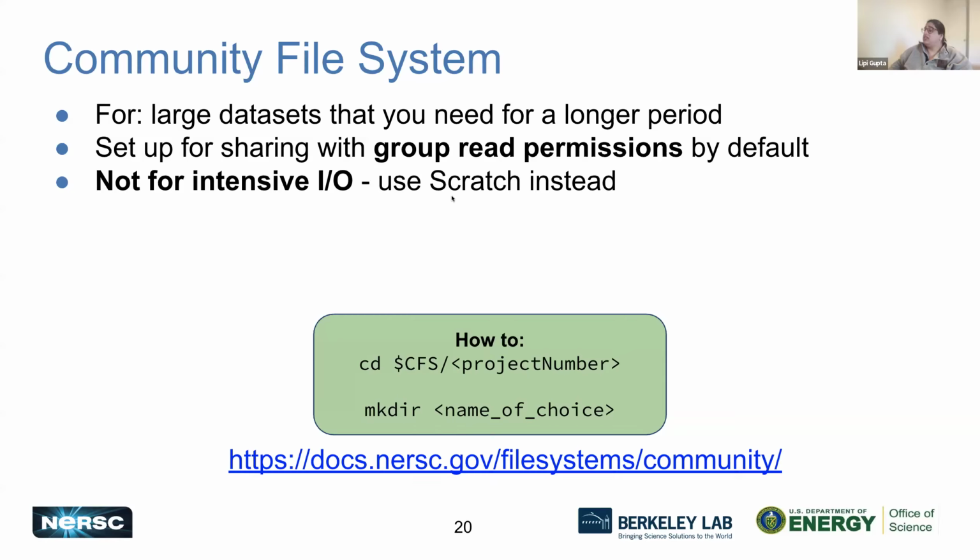I think it really depends on the size of your data. If you have a huge amount of data, you may end up using CFS because maybe we can't give you enough space on Scratch. I can imagine we can give you several terabytes, tens of terabytes, but if there's something even bigger than that, you may end up using the community file system. It's still going to be pretty fast.